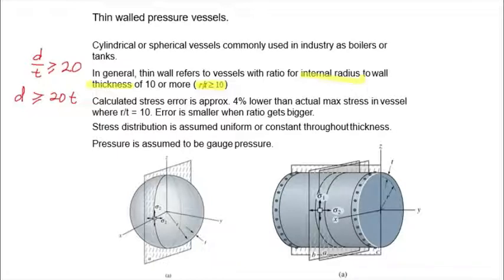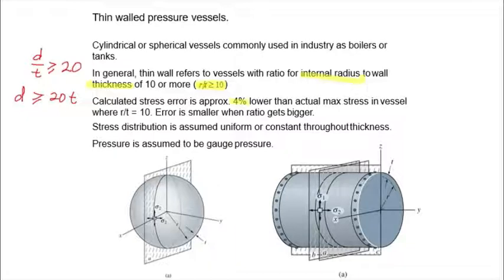Now, if we calculate using the approach that we are going to discuss, the error in the stress calculated is approximately 4% or less than the actual maximum stress in the vessel. This is based on experimental and research work done.